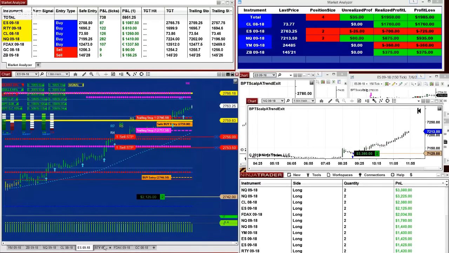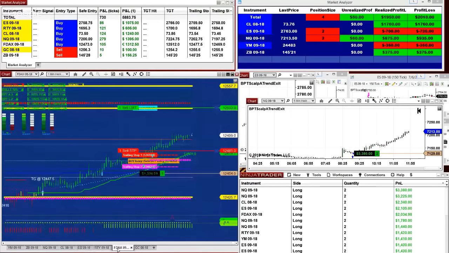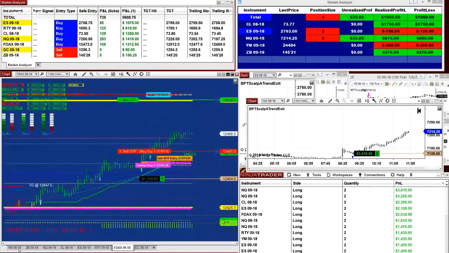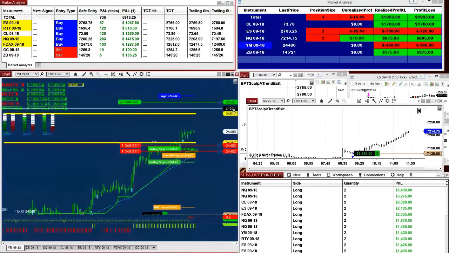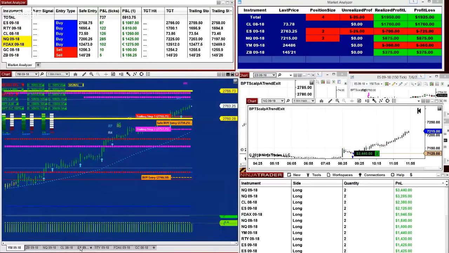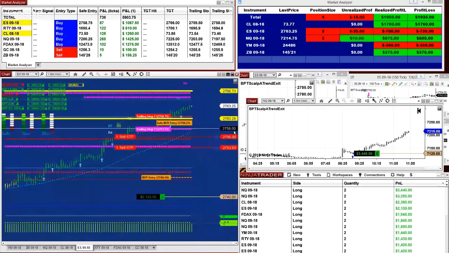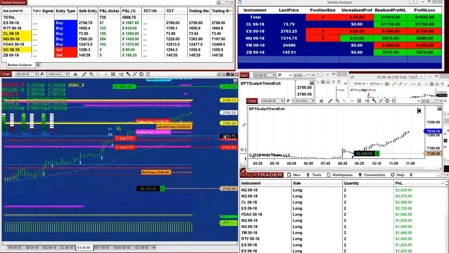In the meantime, let's look at the DAX. YM, all the same story. So let's look, here's a big reversal plotted. We have a double resistance.